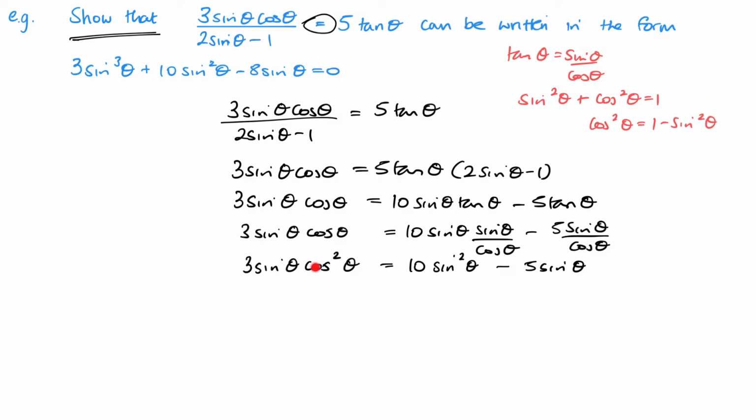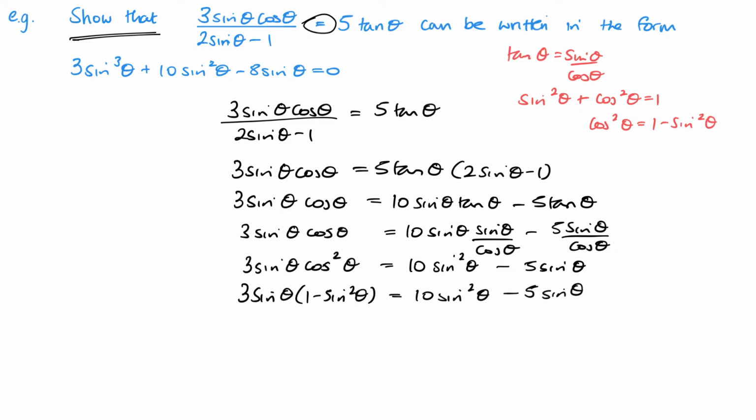That'll help eliminate this cos squared theta, as I don't want it in my final answer. So now I've got 3 sine theta brackets 1 minus sine squared theta, and that's equal to 10 sine squared theta minus 5 sine theta.